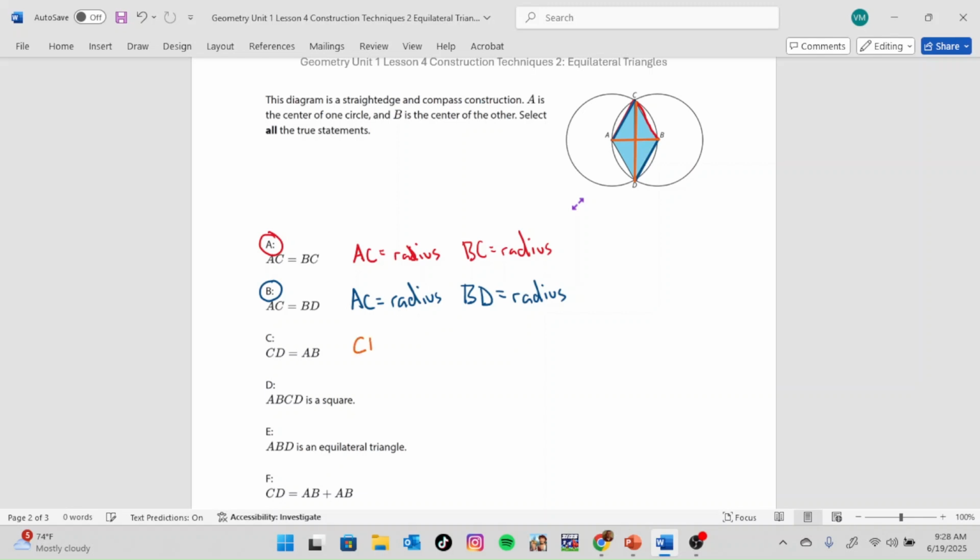Well, CD is not a radius, but AB is a radius. These are not the same lengths. So that means C is not correct.